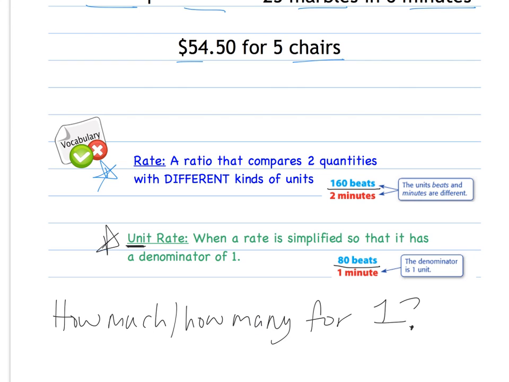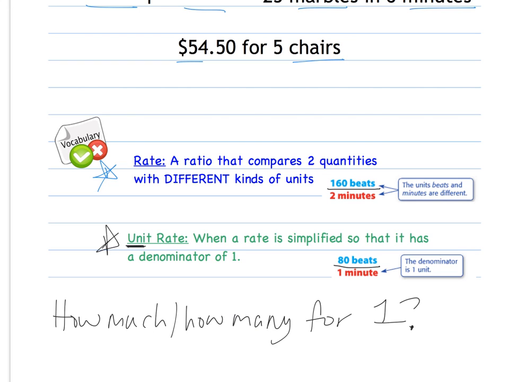If you're at the store and you're seeing that something's being sold 3 for $5 or $5 for 3, you're wondering, well, what if I just buy one? Is it really a better deal for me to buy 3 of them, or do I just need to get one? So this is your unit rate, how much or how many for one.